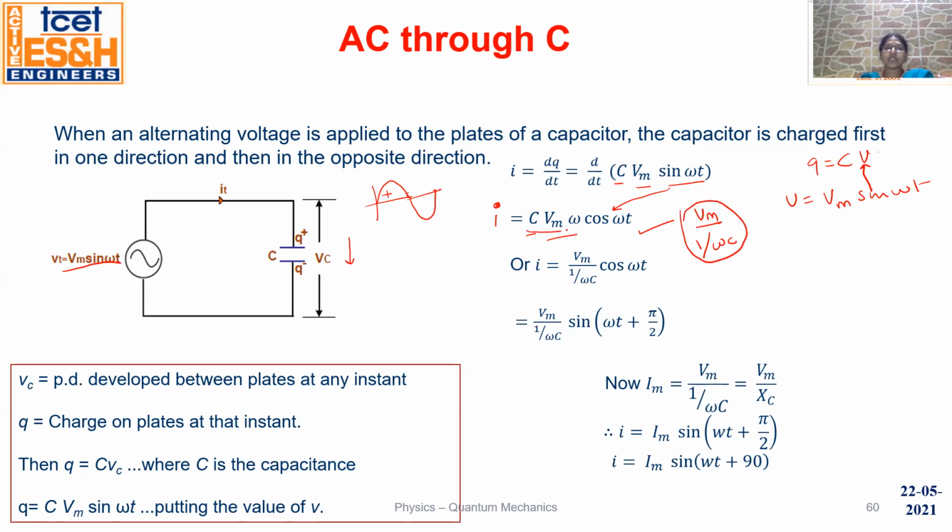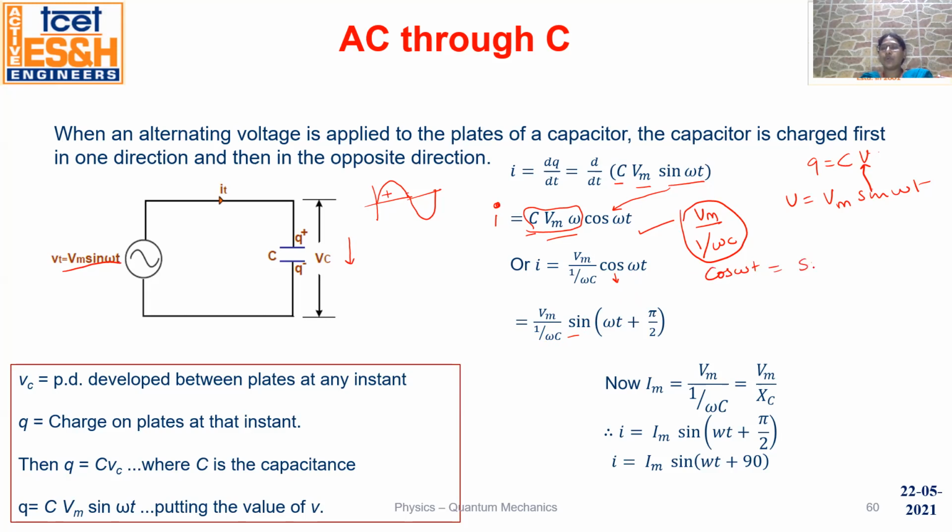In place of this, C Vm omega. So here you see, this is the equation: Vm divided by 1 by omega c, cos omega t as it is. Now here Vm divided by 1 by omega c. Now in place of cos, we can represent in terms of sine. So you represent here sine omega t plus pi by 2 in place of cos omega t.